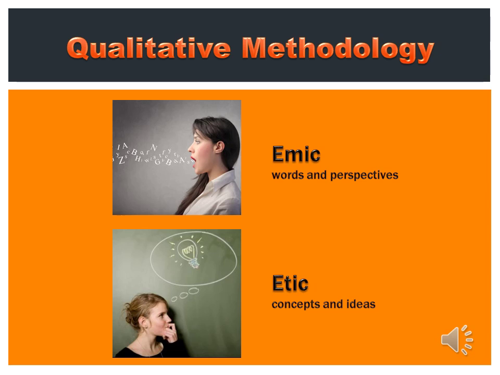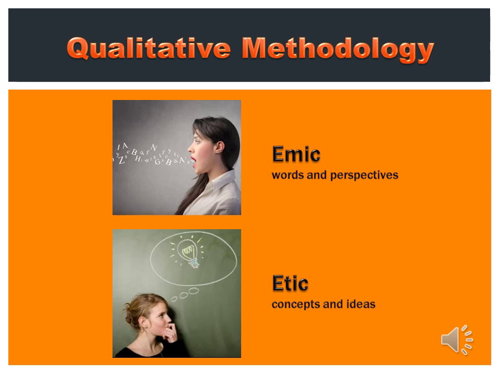Qualitative methodology, EMIC and ETIC. EMIC and ETIC are two different ways of researching human beings. EMIC researches a participant's words and perspectives as a starting point. It generates from within the social group and is considered an insider or bottom-up approach.